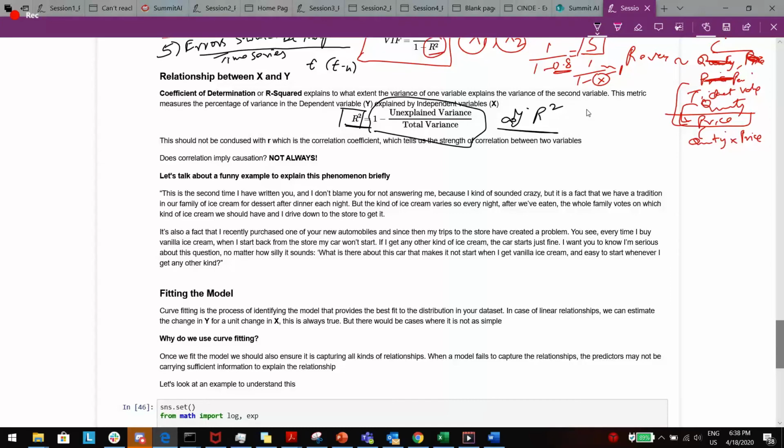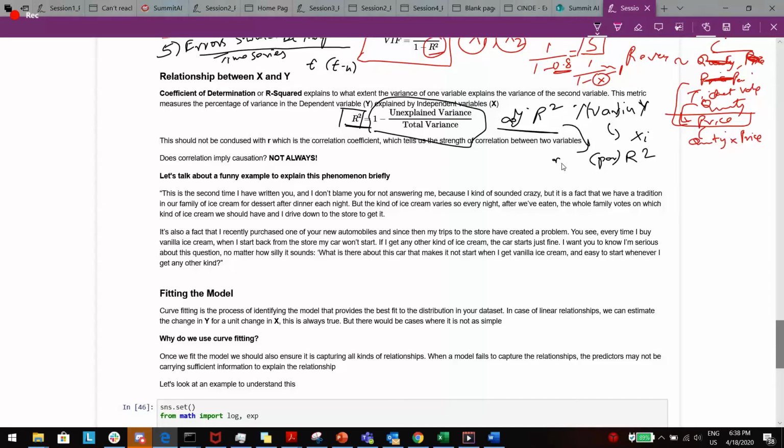R square explains the percentage variability in y that is made by your independent variables. Now, adjusted R square penalizes. So if you say this is my R squared, there is a penalization parameter which we always multiply with R squared every time we add a new variable.